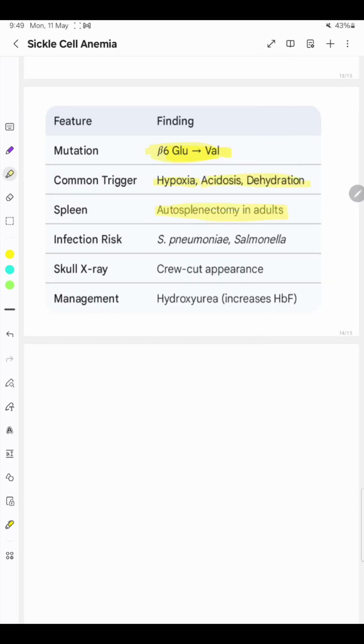Autosplenectomy is seen due to vaso-occlusive crisis. There is increased risk of infection with encapsulated organisms like Streptococcus pneumoniae and H. influenzae, and bone infection with Salmonella. Crooked appearance is seen on the skull X-ray, and hydroxyurea is the mainstay of treatment.